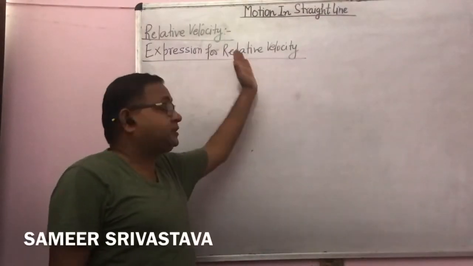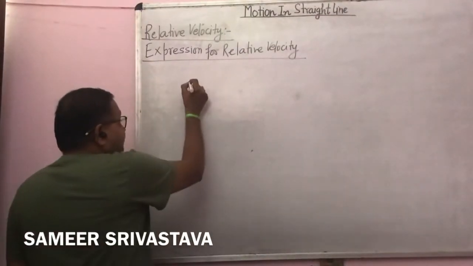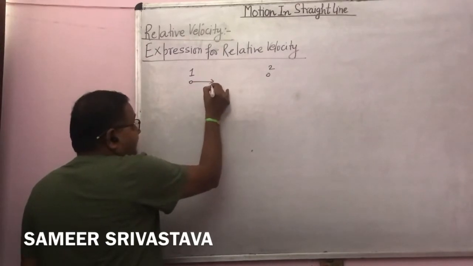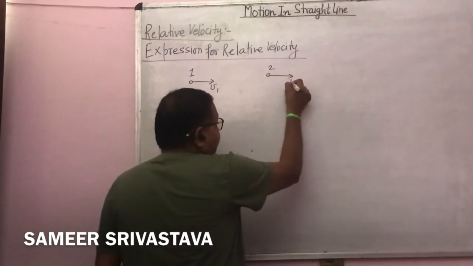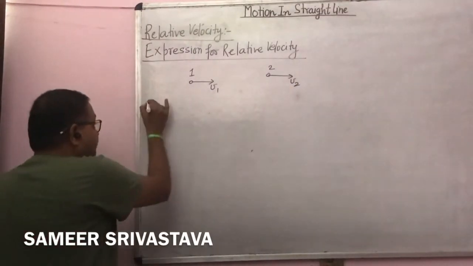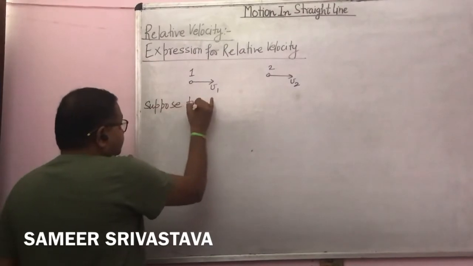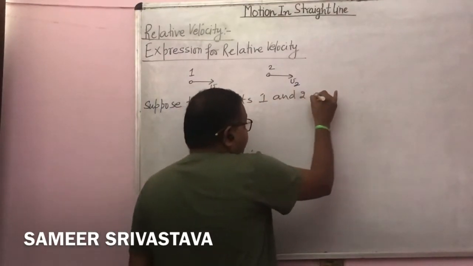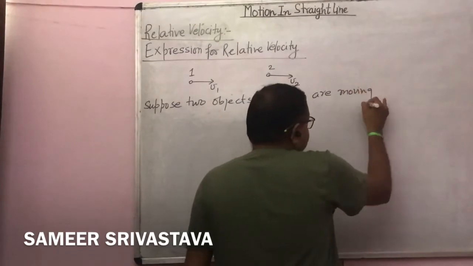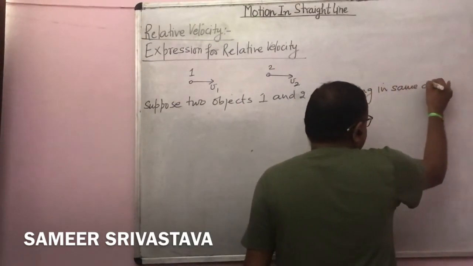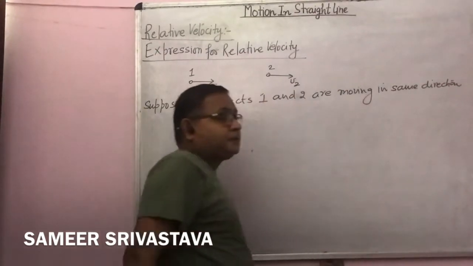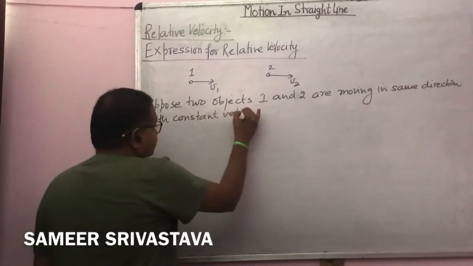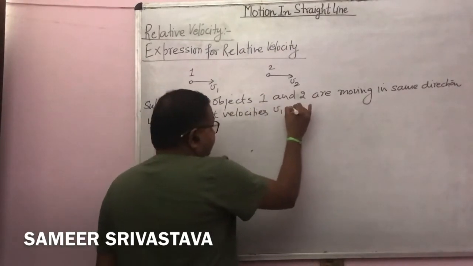Students, the expression for the relative velocity. Again, suppose two objects, 1 and 2, are moving in the same direction with constant velocities v1 and v2.